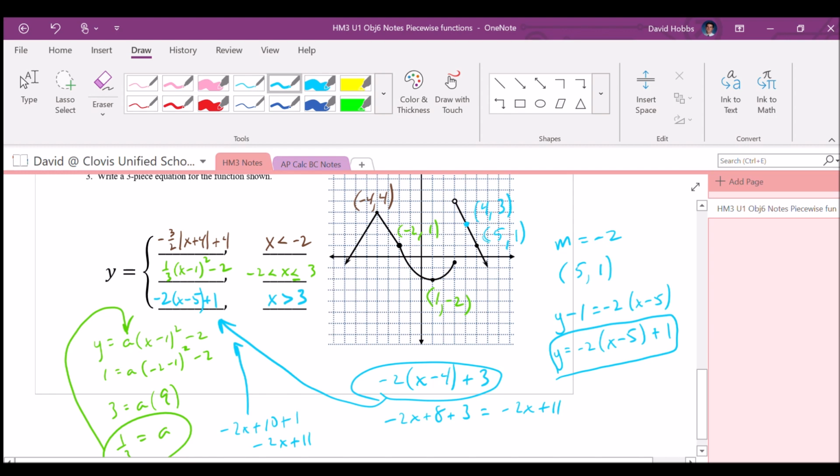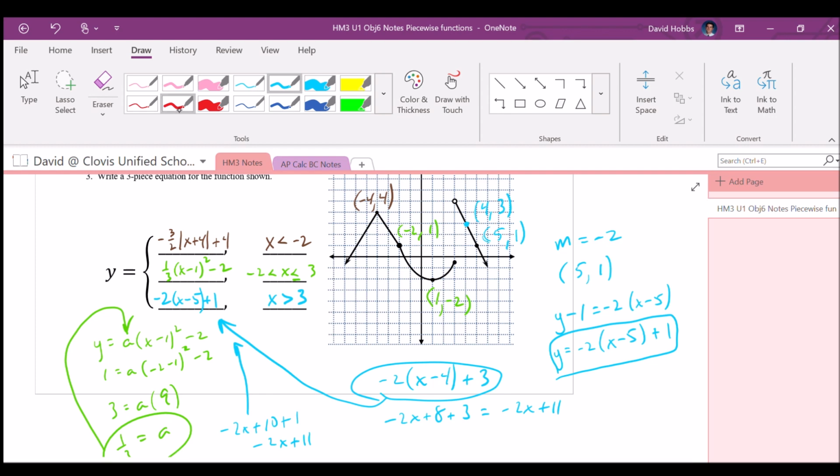Now there's one last thing we have to do, because where the two pieces connected at negative 2, we have to include the equal sign at one place. Good math grammar says that you only invite it to the party one time.